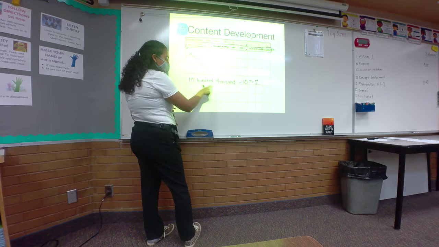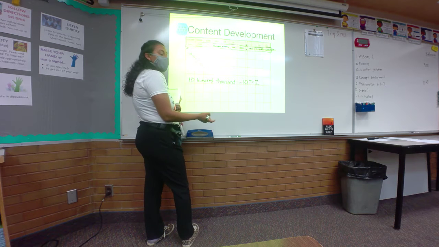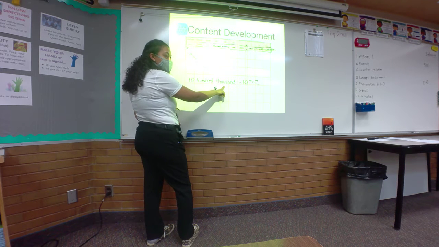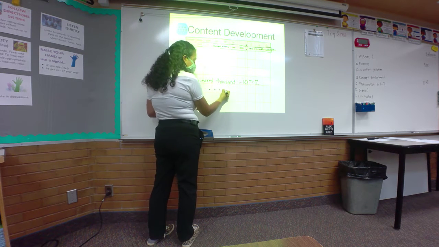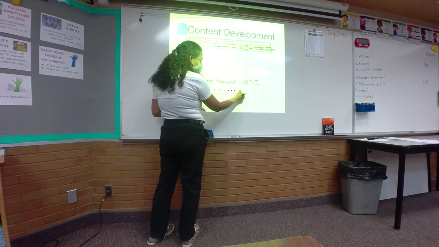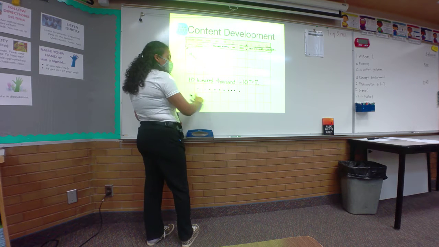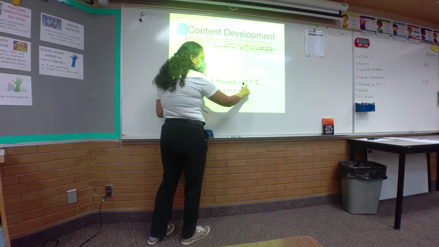So if we have 10, say we just had 10 bananas, 10 of anything, this is just telling us what it is. So if we have 1, 2, 3, 4, 5, 6, 7, 8, 9, 10. So we're starting with 10. We divided it into 10 groups.